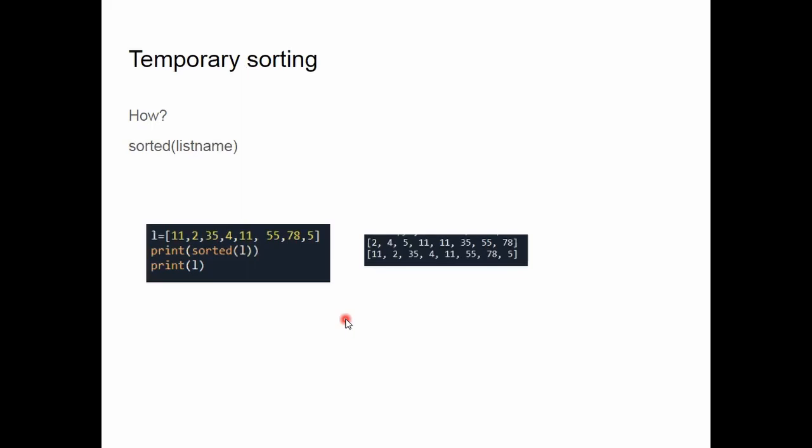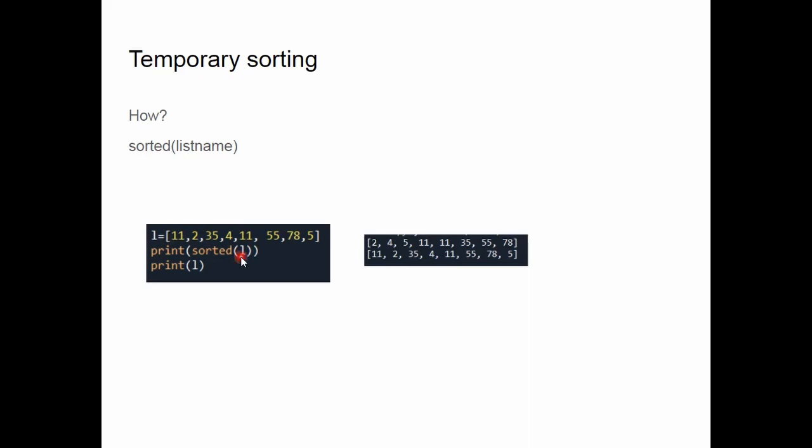Now if you don't want your list to be modified after the sorting, I can use the sorted method. The way of using the sorted method is sorted and parentheses. Within the parentheses, I have to supply the list name. So here we are having list L, and if you want to sort only temporarily, only for a few seconds, for calculation or for displaying, I can use the sorted method, sorted(L).